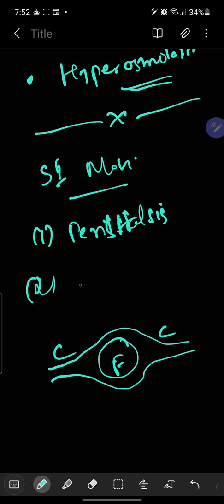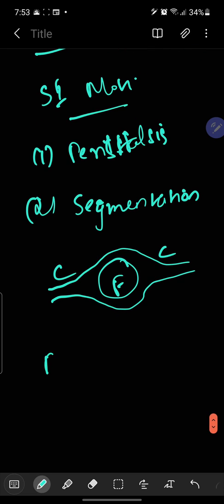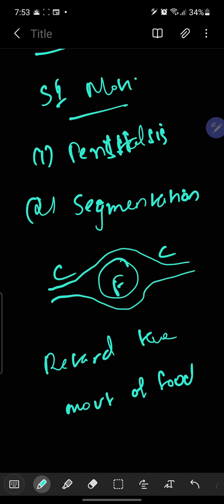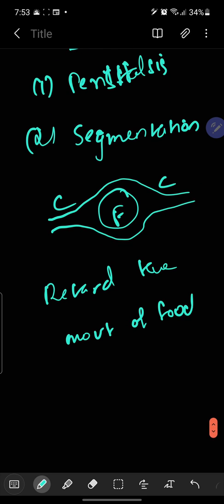This is called segmentation. The part of the small intestine before and after the food particle contracts. Both ends are contracted. This is done to retard the movement of food. By retarding the movement of food, it will get adequate time for digestion and absorption of food.